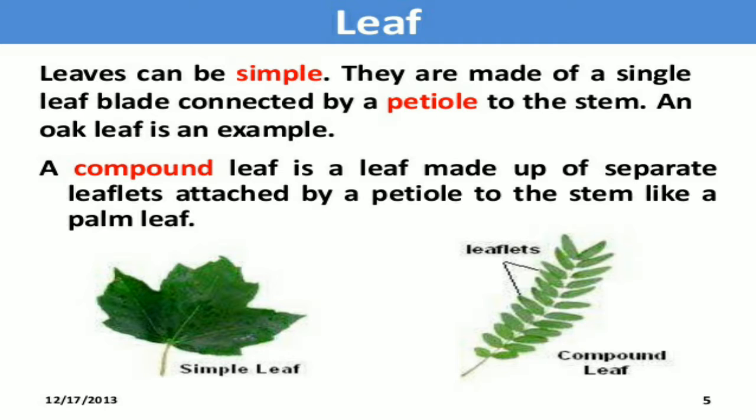A compound leaf is a leaf made up of separate leaflets attached by petioles to the stem, like a plum leaf. So there are two types of leaves: a simple leaf and a compound leaf. Compound leaves look like this, and simple leaves look like that.